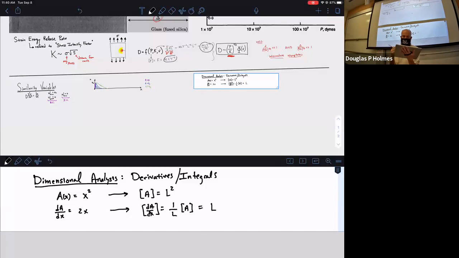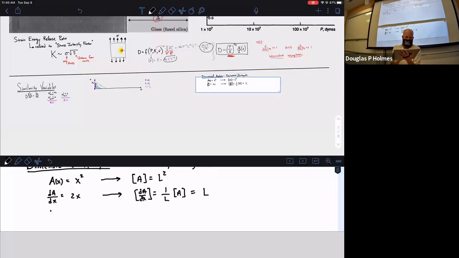Either way, you get the right answer. And second derivative, so on and so forth. Again, I'm taking 2 spatial derivatives, which means I could conceptually think about this as taking 1 over length squared times the units of A, and then this thing is dimensionless.